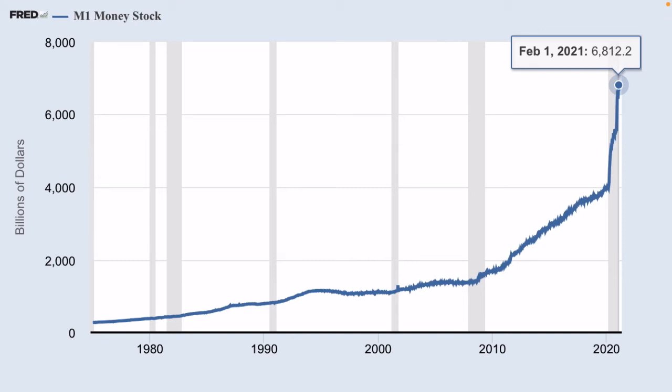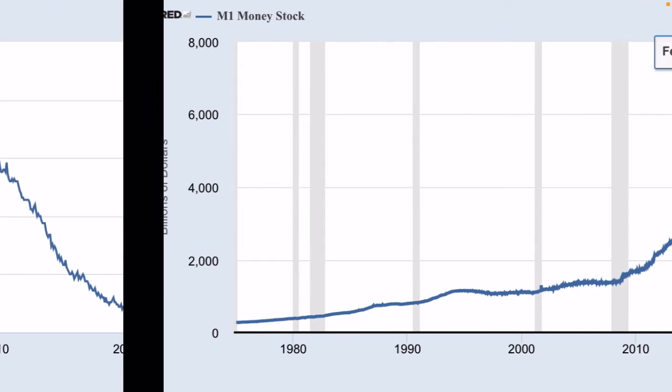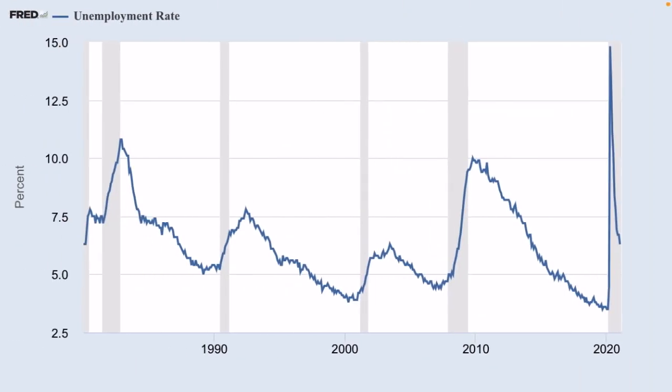And people suspect that it'll eventually lead to inflation, but time will tell. But I think the increase in money supply was directly connected to the unemployment rate, because we hit almost 15%, and then we're just around 7%.